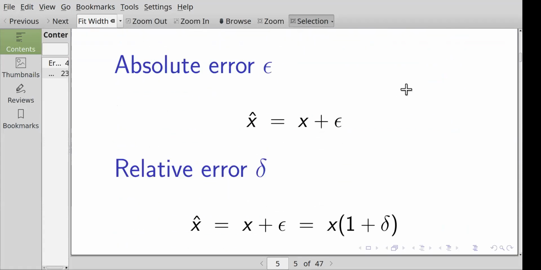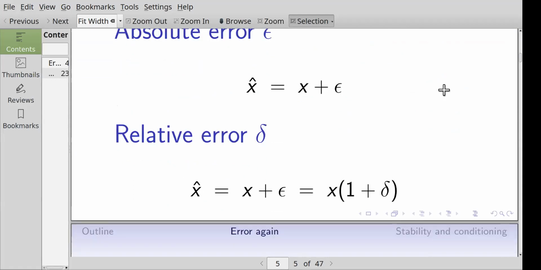Okay. Once again, remember the notation that we were using, the approximate number x hat and the actual quantity we're calling x. So the difference between those two is the absolute error, and the relative error is given by dividing by the actual value x.